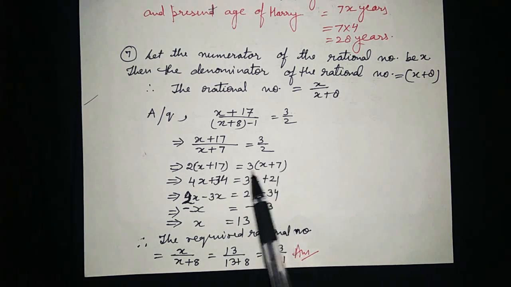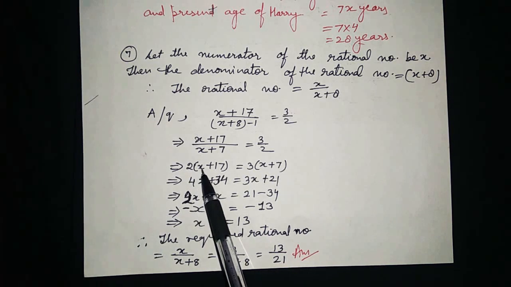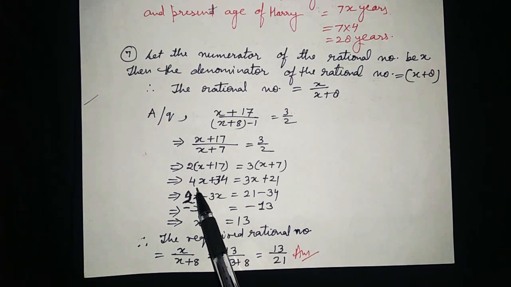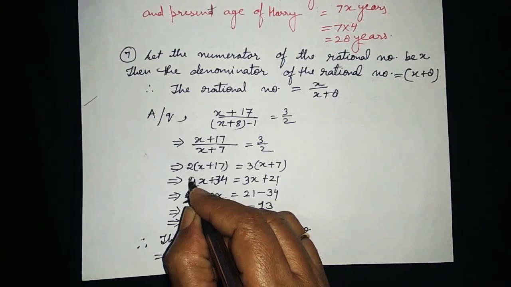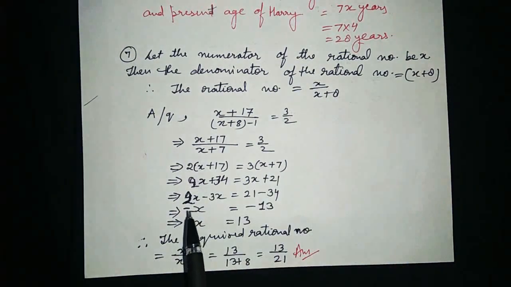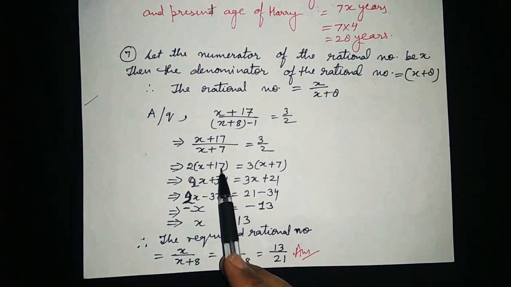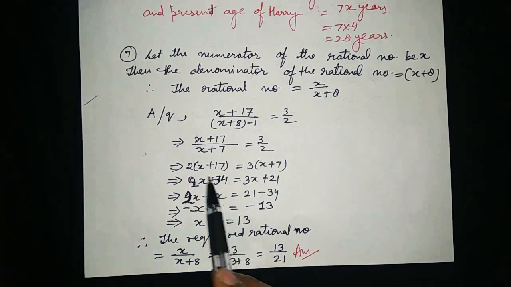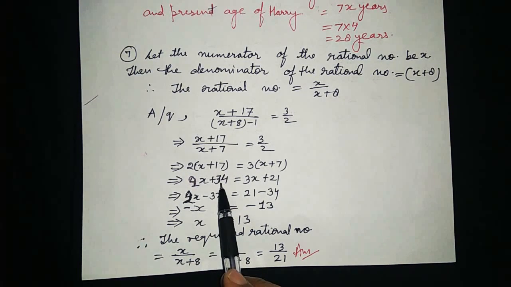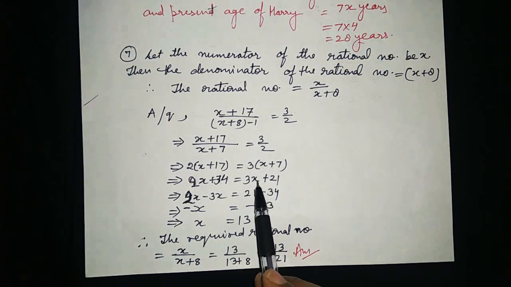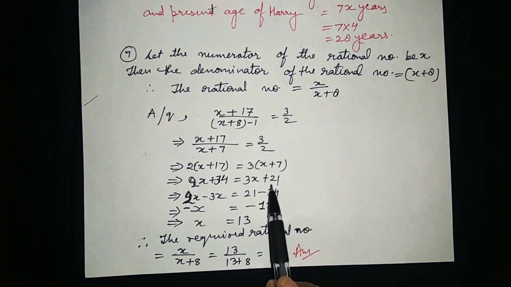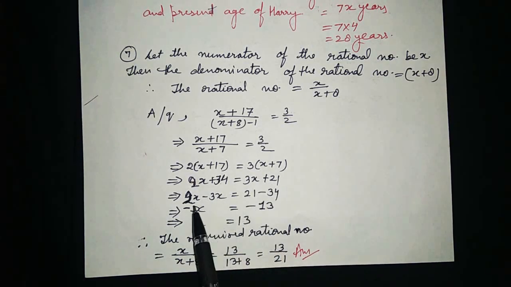Now we multiply 2 into x, 2x, and plus 2 into 17, 34. On the right hand side 3 into x, 3x, and 3 into 7, 21.